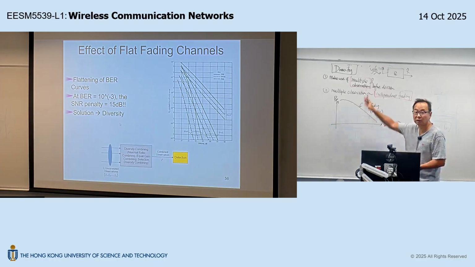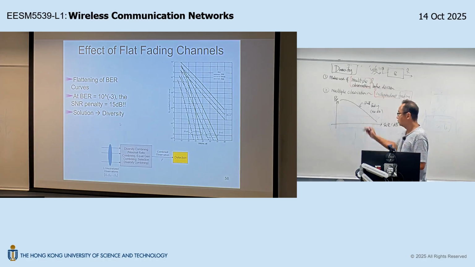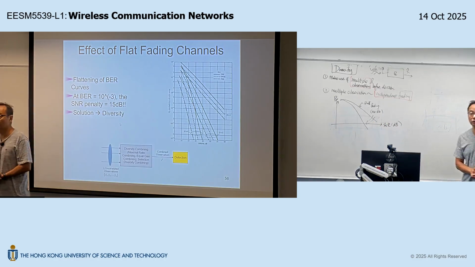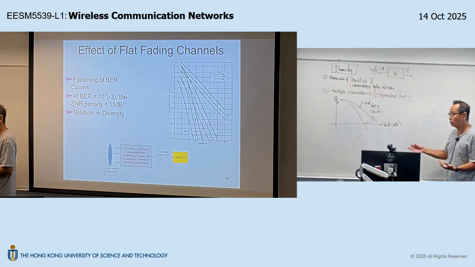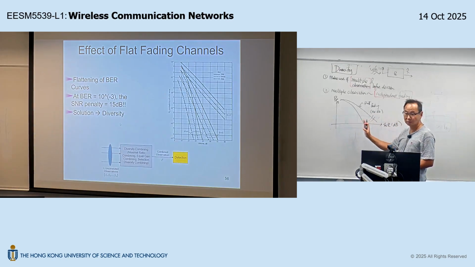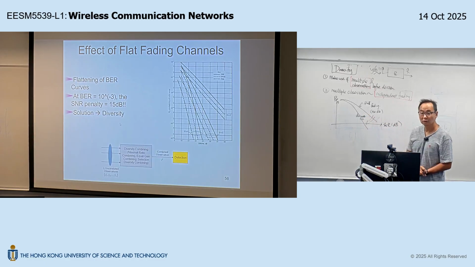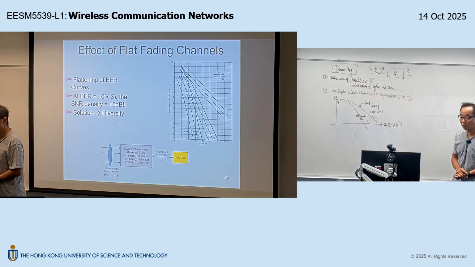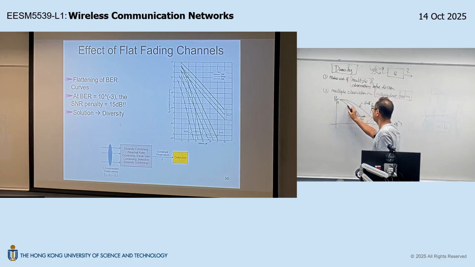Diversity order is the number of multiple observations. So if you have two-order diversity, the curve becomes something like this. The slope will be increased. So that's why diversity is a first-order solution, because it can help you to steepen the slope. So this is with diversity order of 2. If you can have diversity order of 4, then the curve is even steeper. So this is diversity order 4.